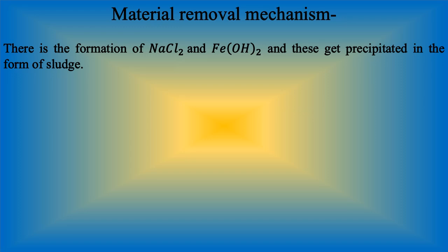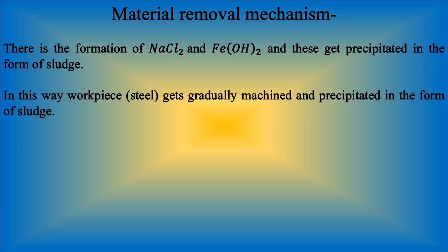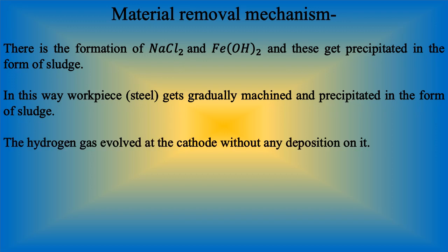So whenever we are getting such things, we can say that the workpiece is gradually machined and precipitated in the form of sludge. Our sludge also contains NaCl and iron hydroxide. Hydrogen gas is evolved at the cathode without any deposition on it. That is why in the very first statement we said that this process is the opposite of deposition. This is a dissolution process, not a deposition process.